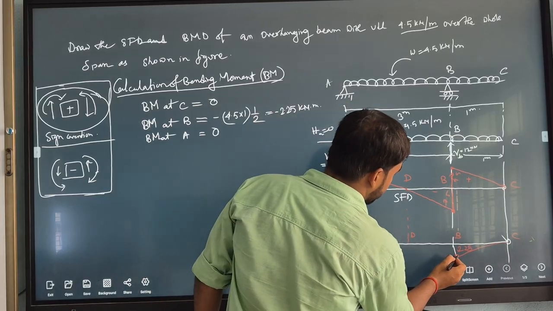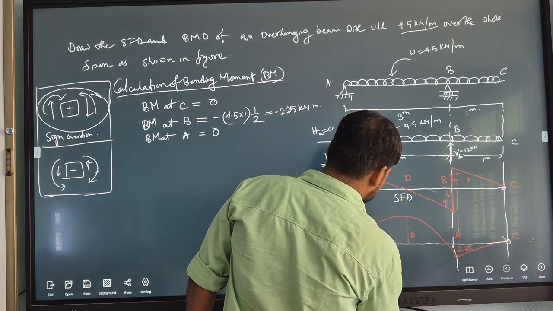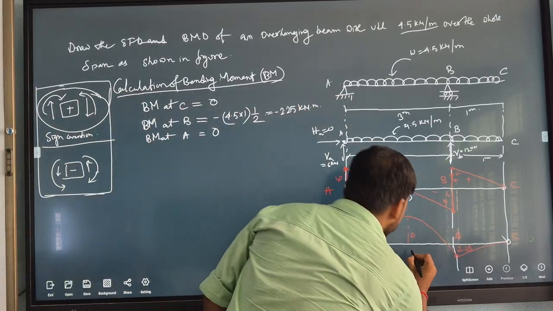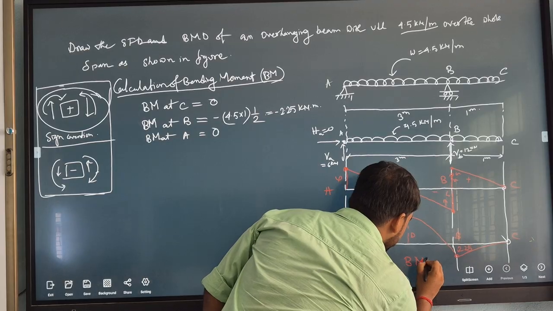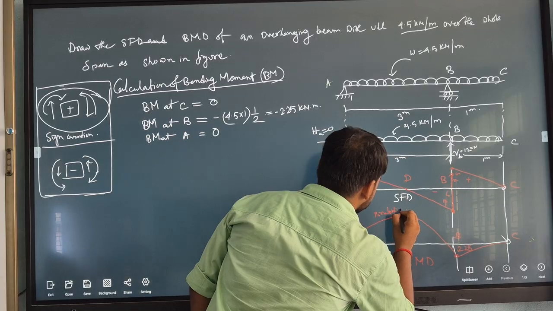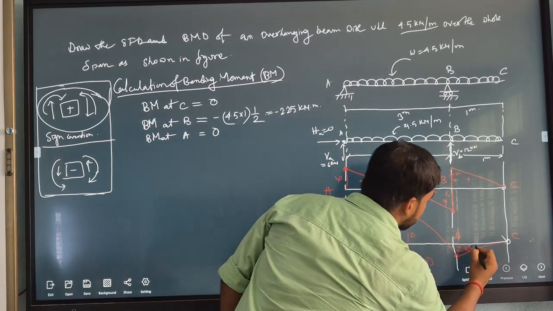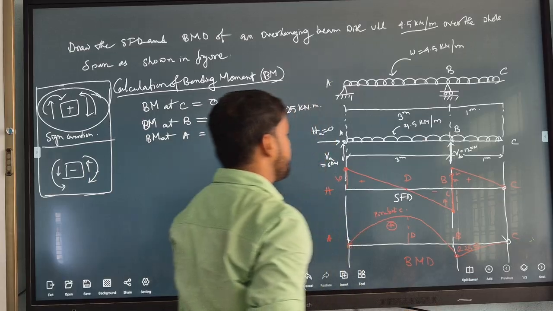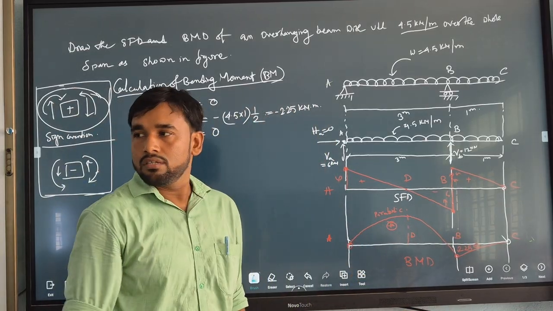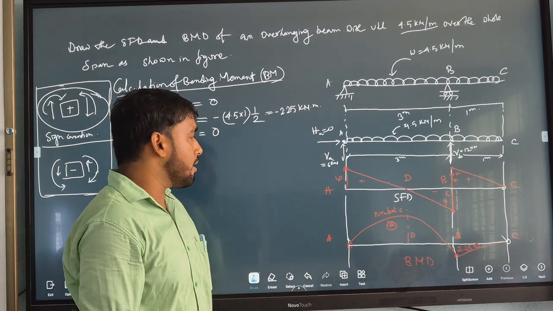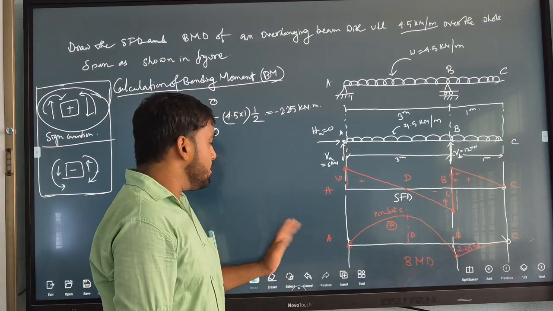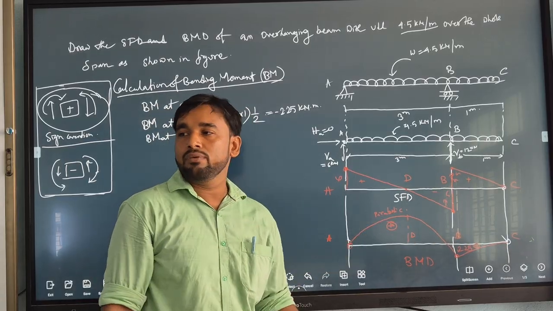So the bending moment diagram becomes like this. This is how much bending moment I need. First, I have to calculate the position of B, that means where the maximum bending moment comes.